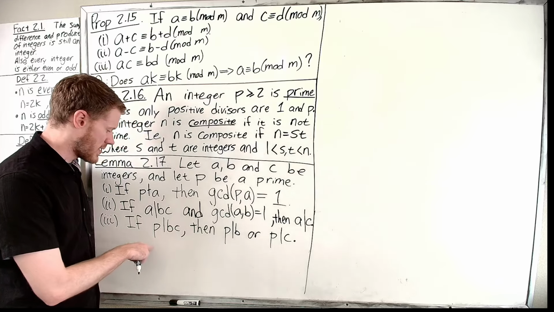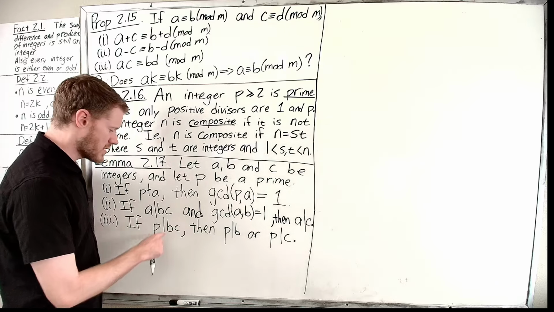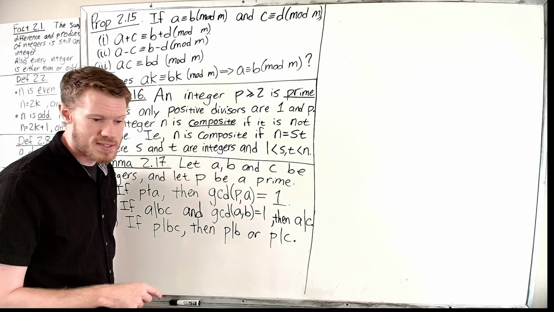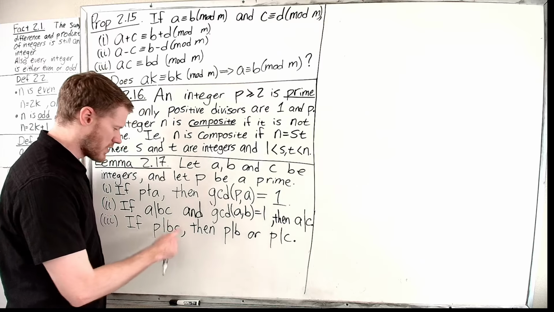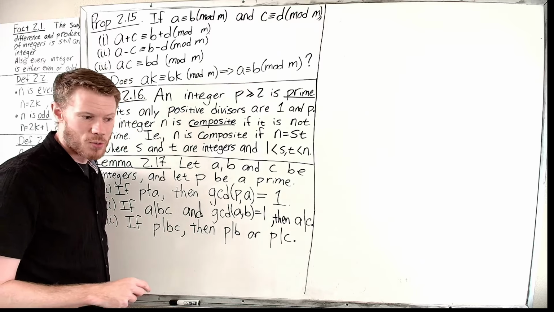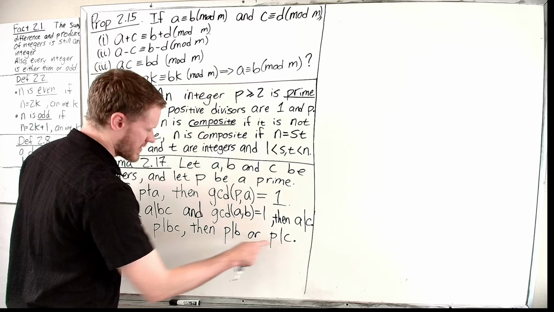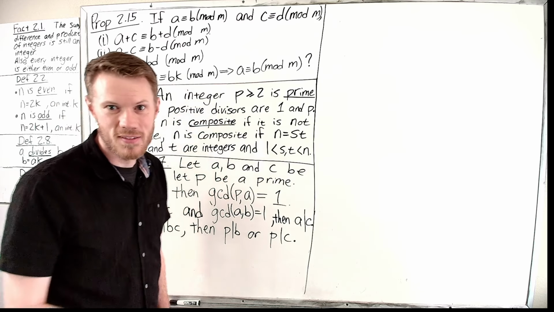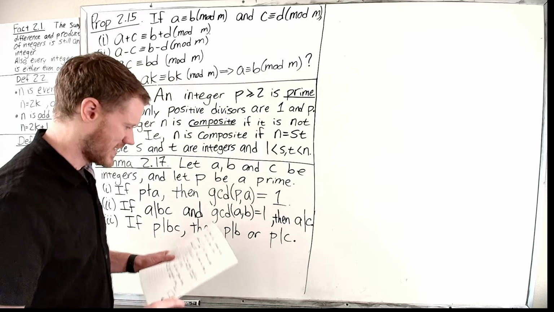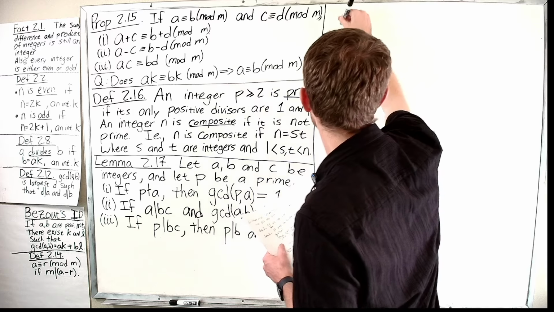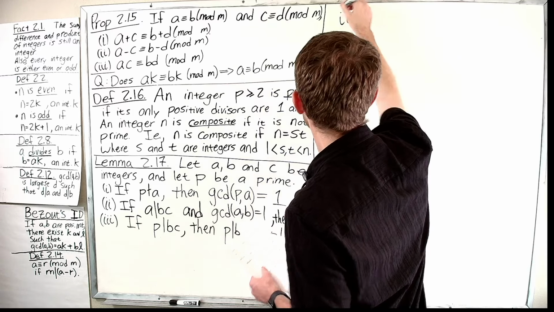The only prime inside of P is P. So saying that all of P's primes are within B and C means that the prime P is within B or C. So which one is it in? If it's in this one, then P divides B. If it's in that one, P divides C. If it's in both, well, it divides both. And as I just said, that still counts. Okay, so that's the intuition for it. That intuition is important.